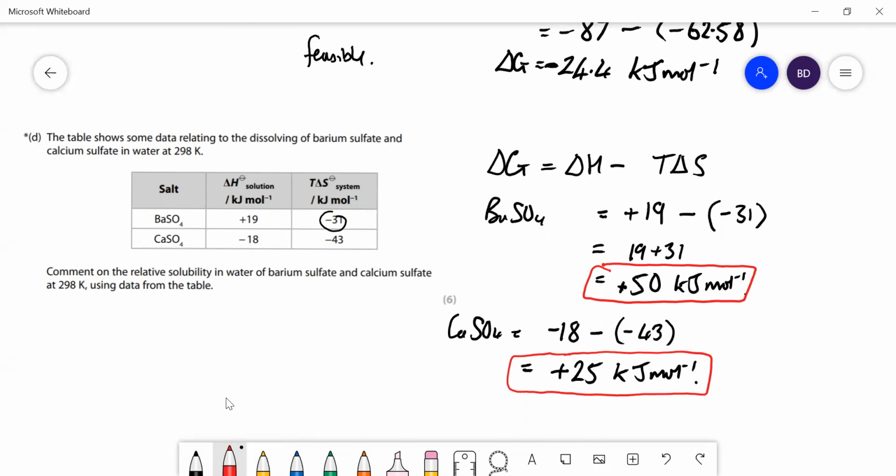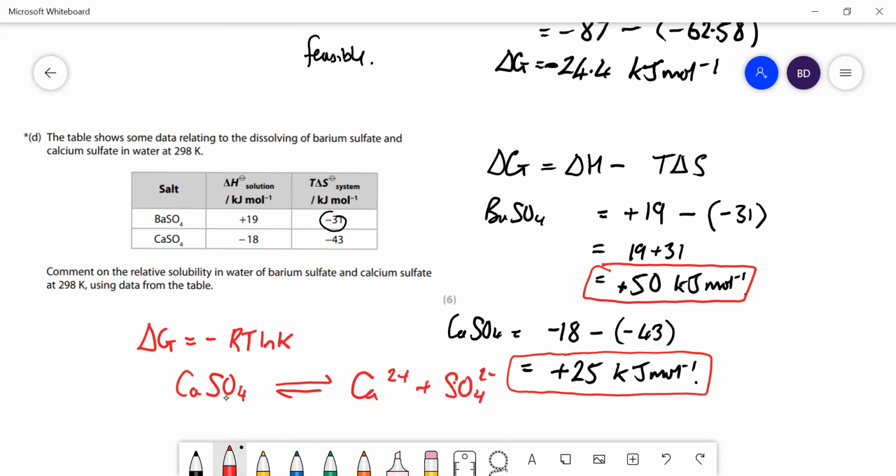You probably don't need to, but you might want to write delta G is equal to minus RT ln K, the equilibrium constant. Now, dissolving both of these is going to be in equilibrium, so let's think about this. Calcium sulfate going to calcium ions, it's an equilibrium. But how much of it dissolves?